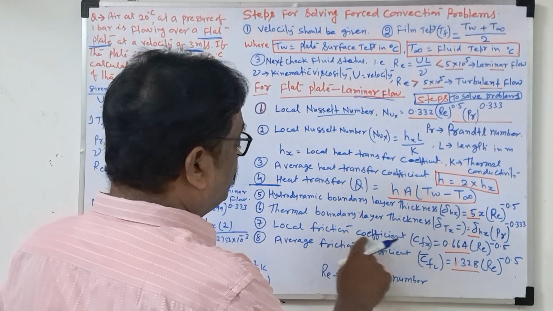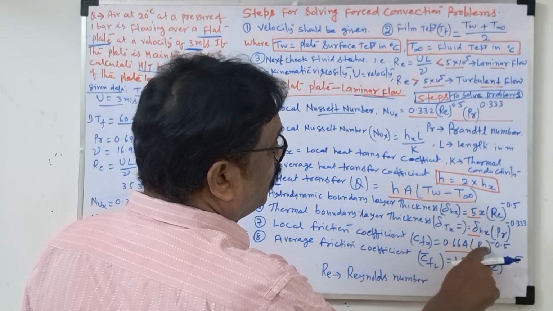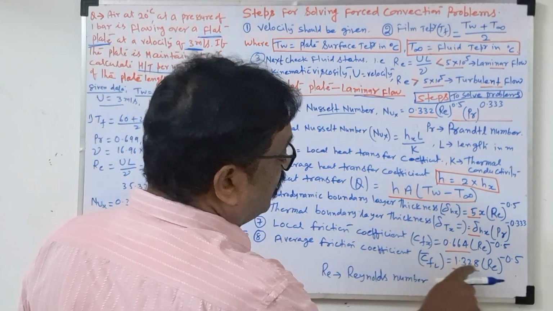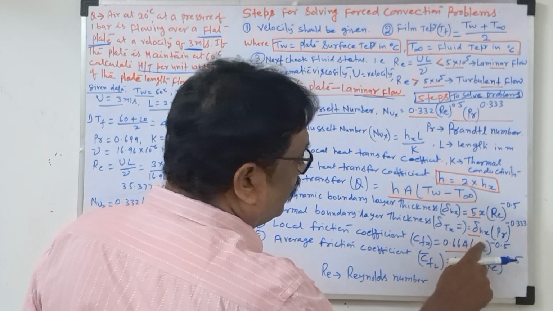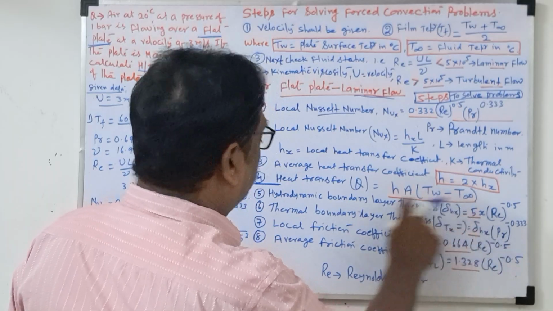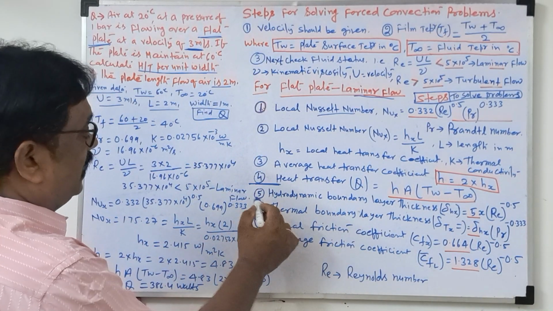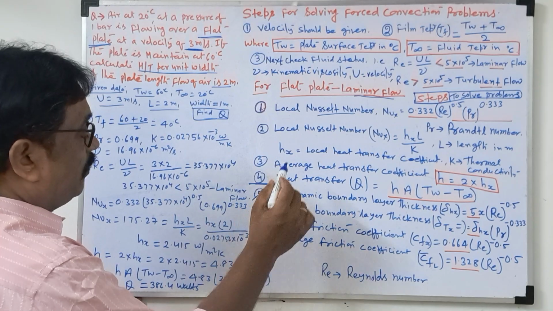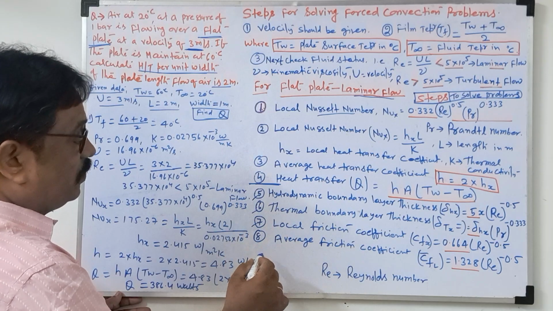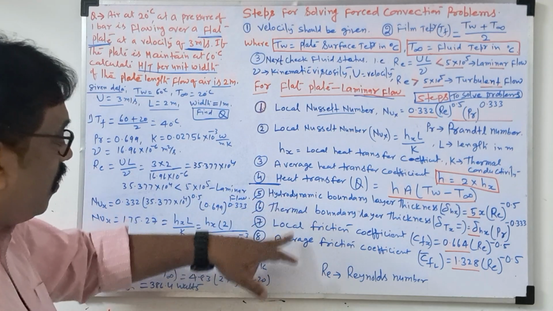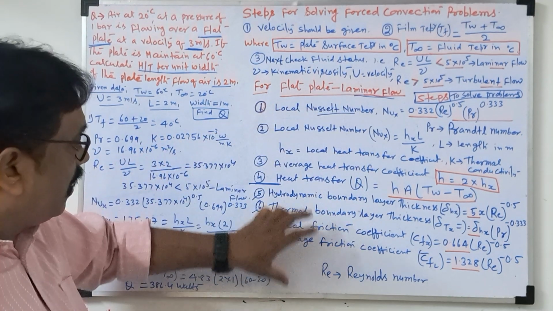Local friction coefficient is 0.664 Reynolds number power minus 0.5. Then the average friction coefficient. Only see the Reynolds number, Prandtl number and hydrodynamic boundary layer thickness, and substitute these values. Whatever they are asking, either hydrodynamic boundary layer, thermal boundary layer, local friction coefficient or average friction coefficient, these are all only for laminar flow.